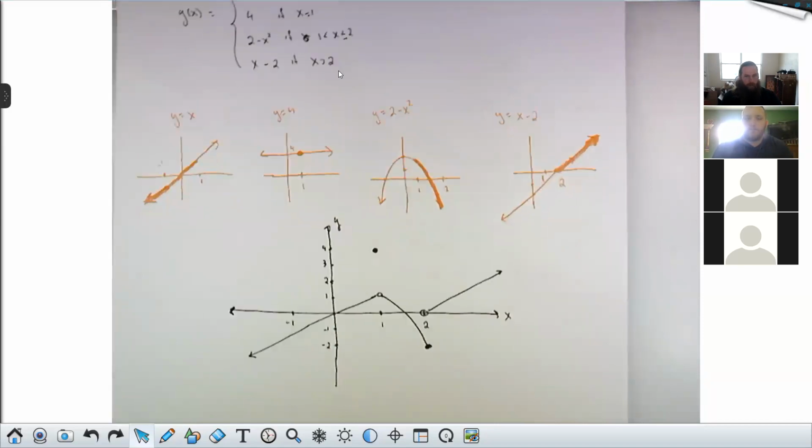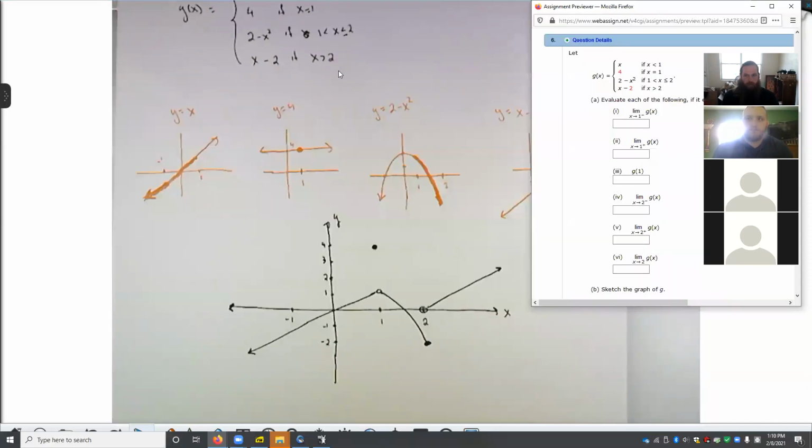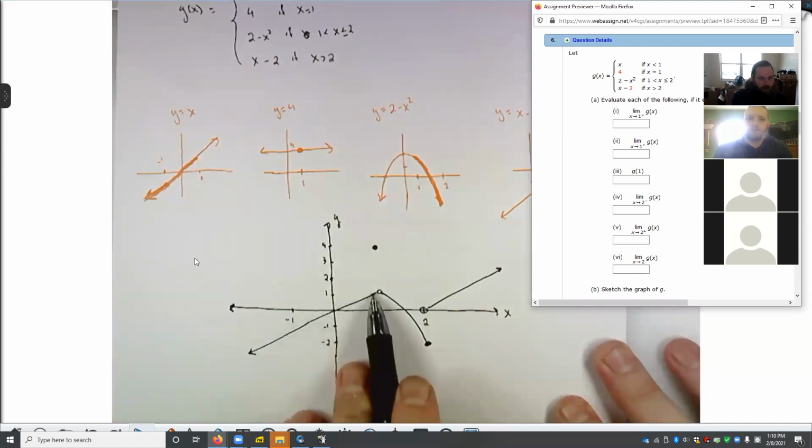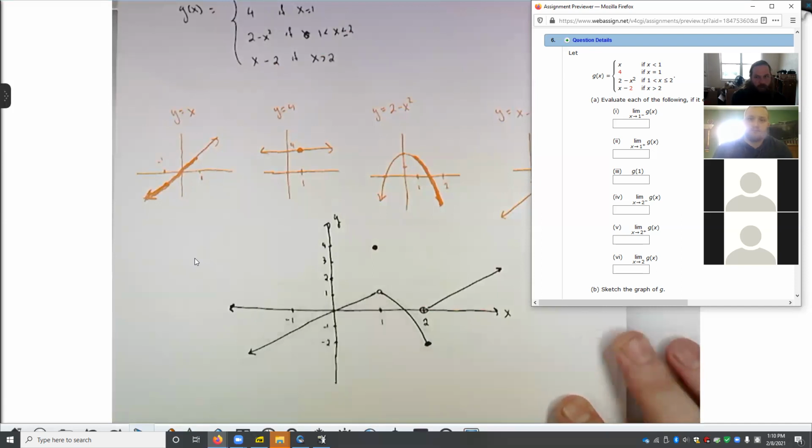But now that we have this graph, let's take a look at some of the limits they're asking for. The limit as x goes to 1 from the left. What is that? 1. Yeah, it's 1, right? If I'm walking along this graph, and I sneak up on 1 from the left, I'm going towards this height here, which is 1.